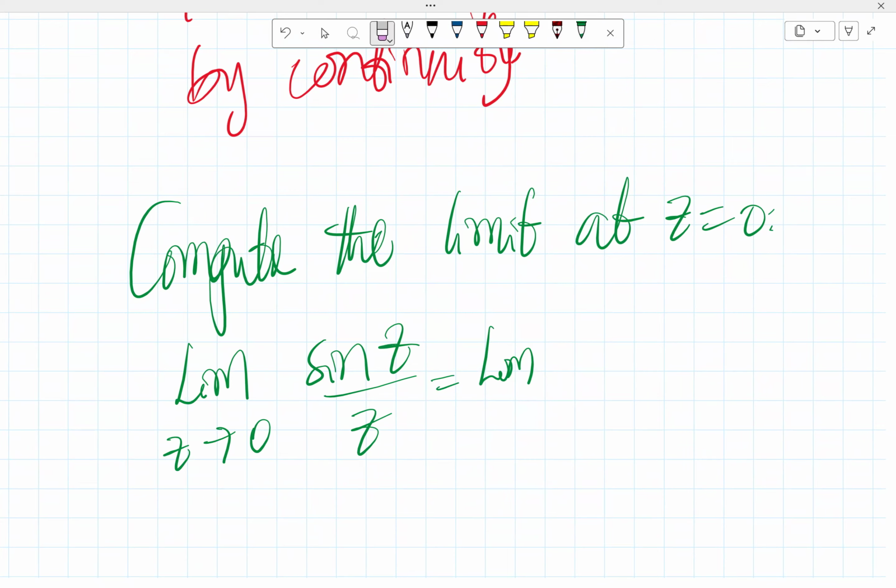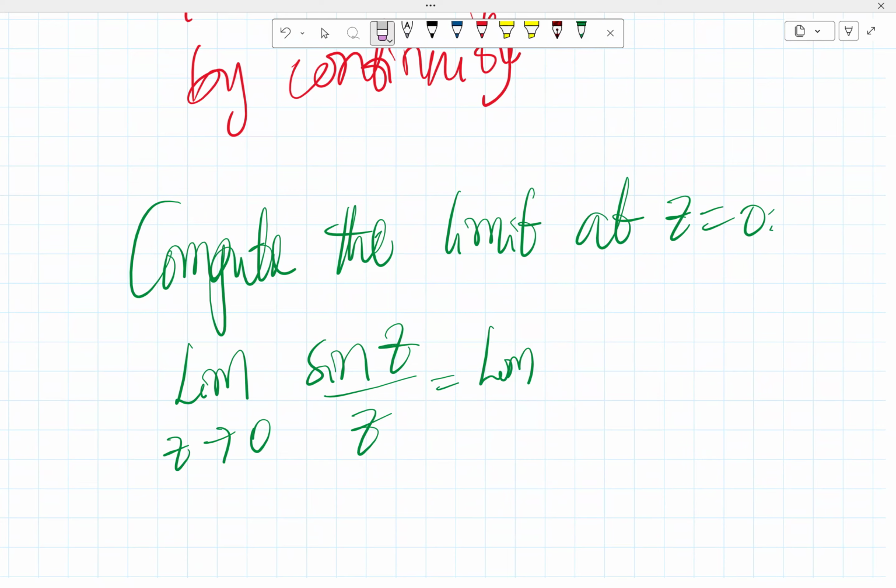So we define f of 0 to be equal to 1. Thus, f of z can be extended to a power series, valid for all z, such that we have f of z equals summation from n equals 0 to infinity minus 1 raised to power n, z raised to power 2n, all over 2n plus 1 factorial.